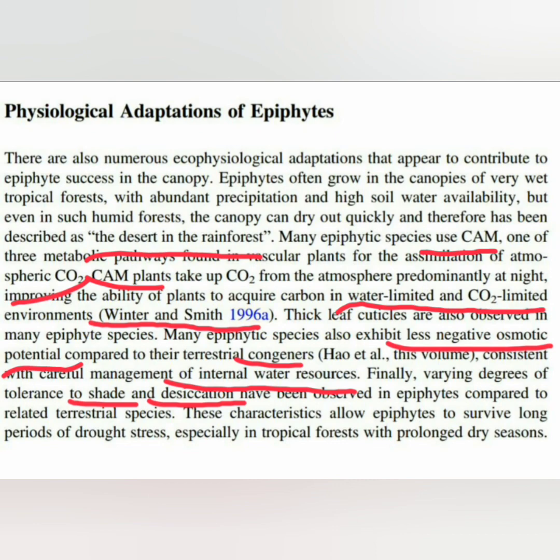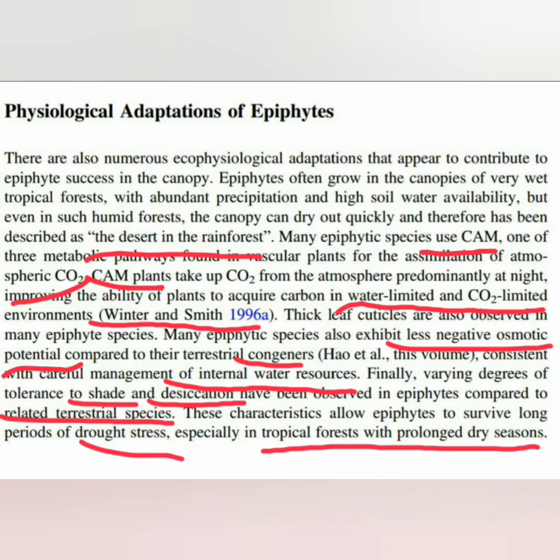These properties have been observed in epiphytes compared to other related terrestrial species. And these characteristics allow them to survive a long period of drought stress, especially in tropical forests with a prolonged dry season.